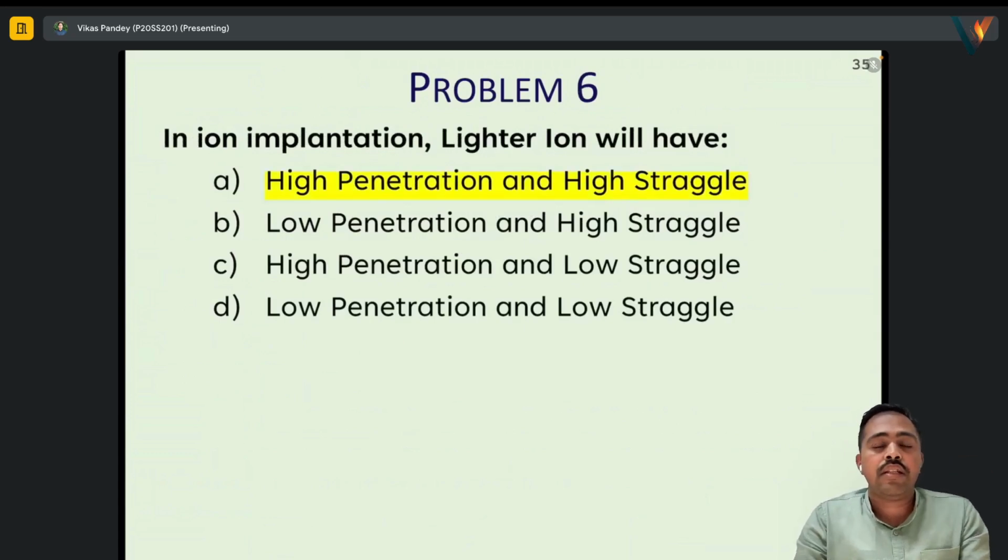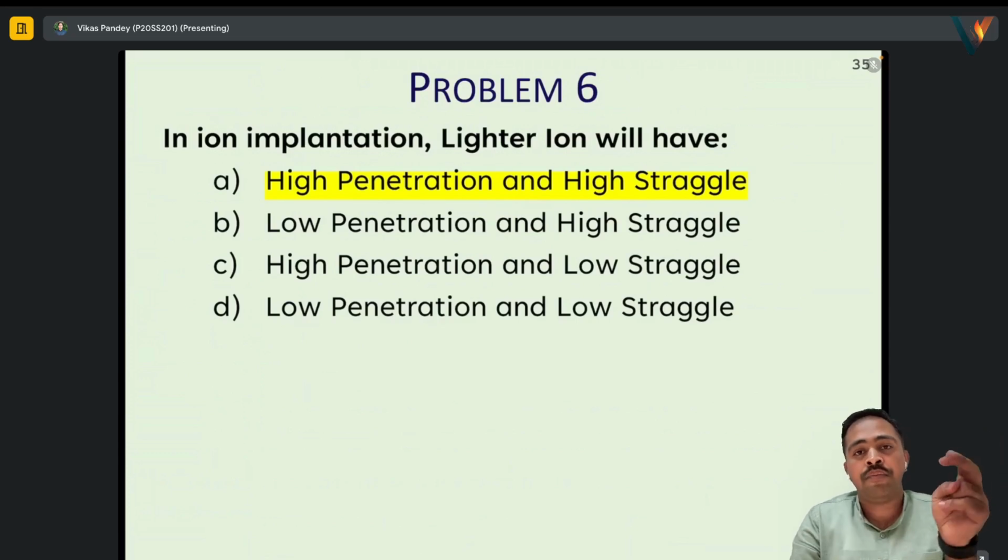Since it is a lighter ion, it will be able to go deep into the material, so it will have higher penetration and higher straggle.